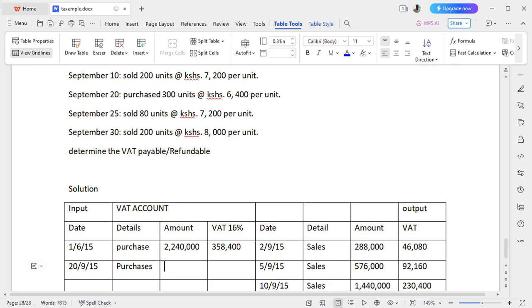You get 1,920,000. So the taxation, just a minute, this is inclusive.